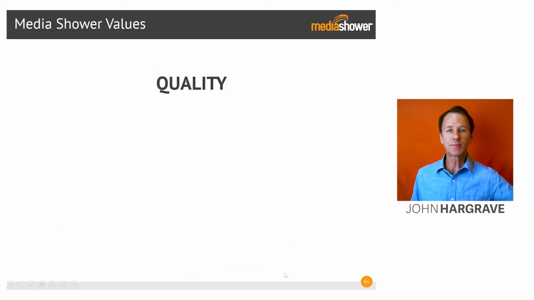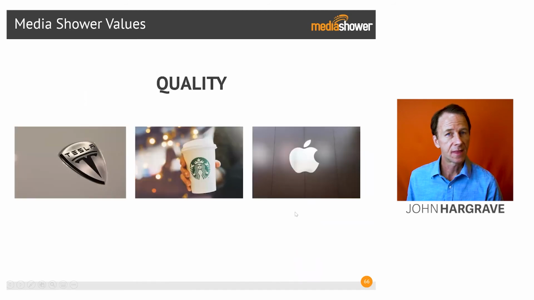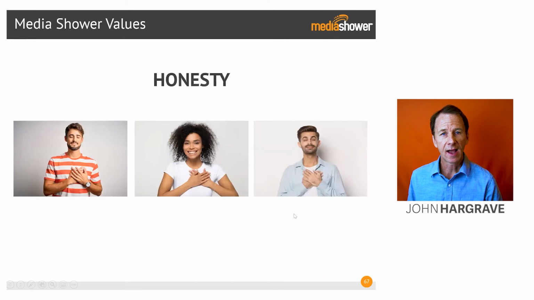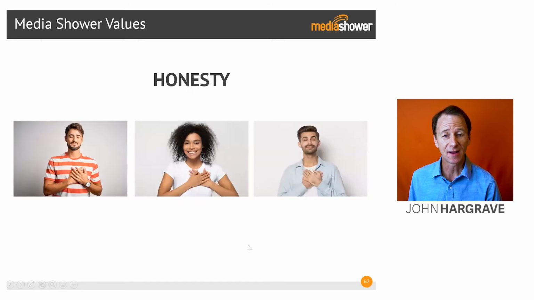Now, all of this ties back to our Media Shower values. If you watched our training video on values, this encompasses all 5. The quality, think about all those great brands. And they're great not because they're perfect, but because they're continually striving for excellence. And that's what we want to be doing with our content.